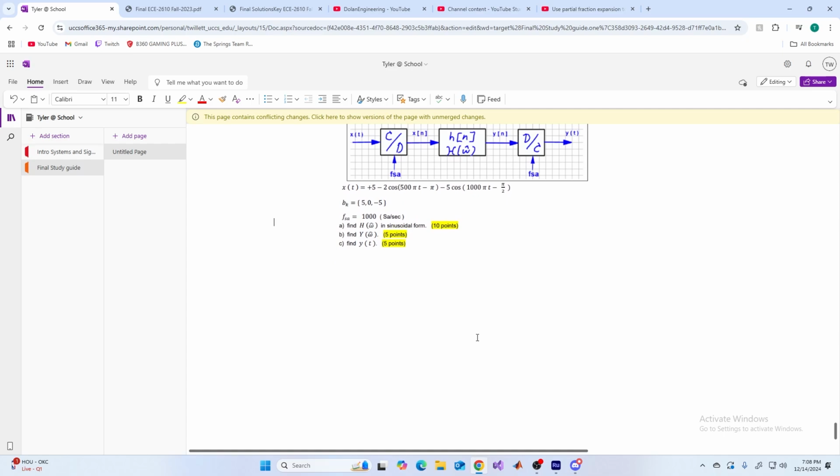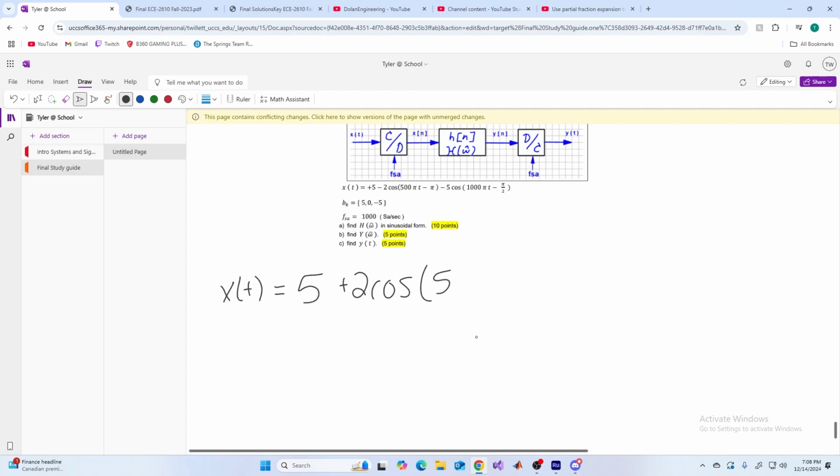So the very first step we have to do is convert all sines and cosines into positive cosines. So I will have x of t equals 5 plus 2 cosine of 500 pi t minus pi, and to convert from a positive cosine to a negative cosine, or a negative cosine to a positive cosine, we will add a pi.